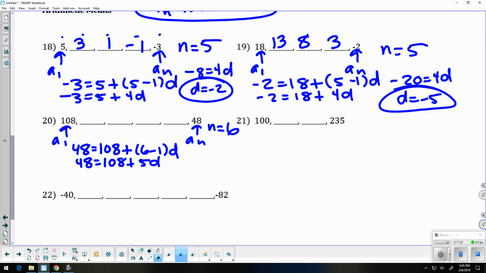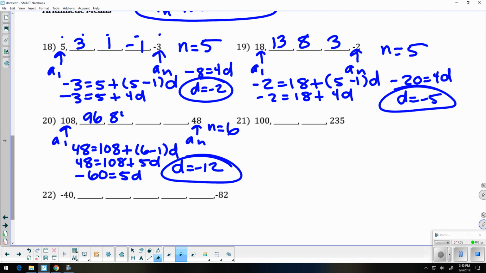If I subtract 108, that's -60. Dividing by 5, you get -12 for D. So just keep subtracting 12. From 108, subtract 12 is 96. Minus 12 is 84. Minus 12 is 72. Minus 12 is 60. And then minus 12 would be 48.